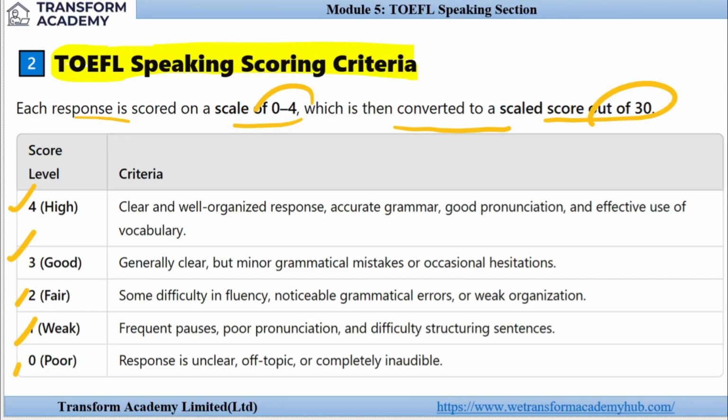A 4 means your response is clear and well organized. You used accurate grammar, you have good pronunciation, and you have made effective use of vocabulary. So you get 4, and that's high.